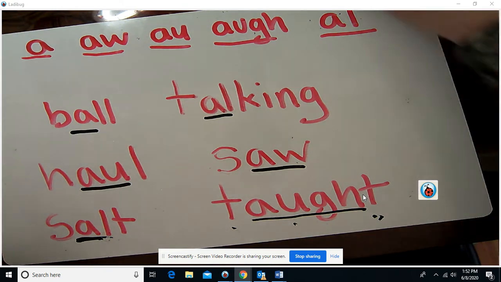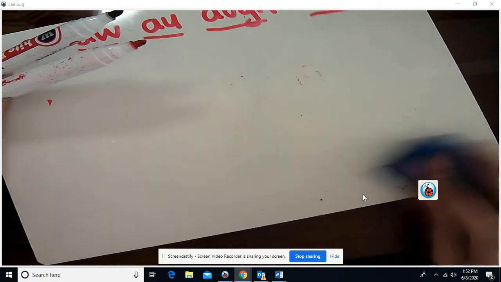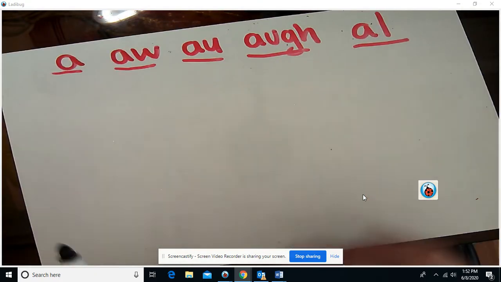Okay, I'm going to wipe these and we're going to write more words that we can practice with that ah sound. So I'm going to rewrite some of the ones that we had.